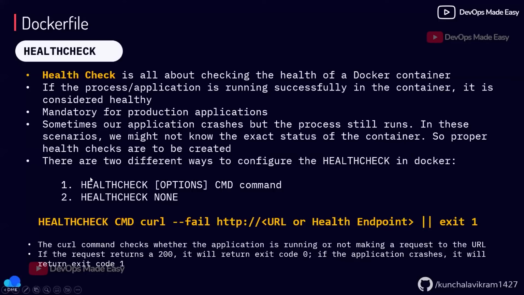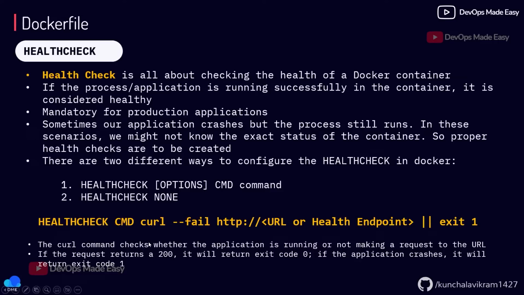Now we also have health checks for the containers. Mostly people won't use this because health checks are now done with Kubernetes probes. What these health checks do is see whether your container is healthy or not. When I say healthy, it means there should be some process listening, or a process running all the time.